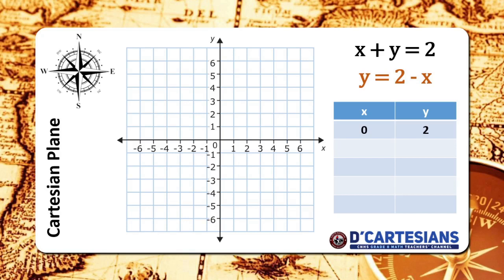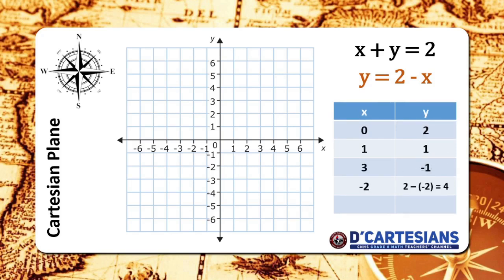Kaya naging negative yung kanyang sign, negative x. Okay, so every time we're going to solve for y, we will use the equation y is equal to 2 minus x. Okay, so for example, inassign natin na ang x ay 1. Therefore, si y ay 2 minus 1 equals 1. Okay, if x is 3 naman, then y is 2 minus 3 equals negative 1.